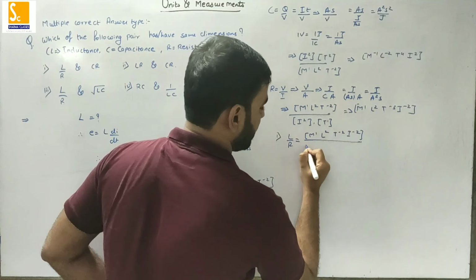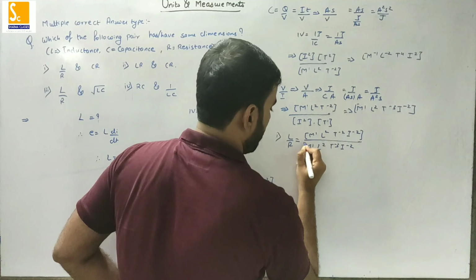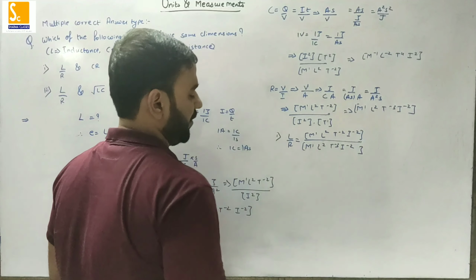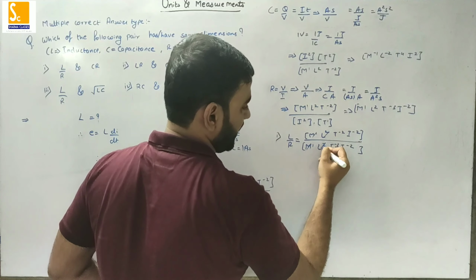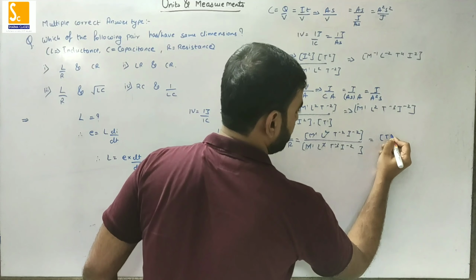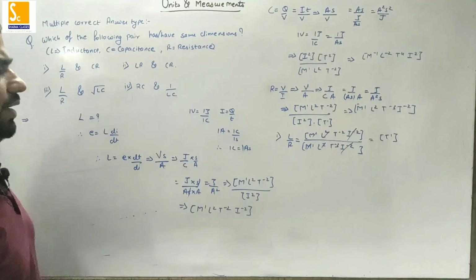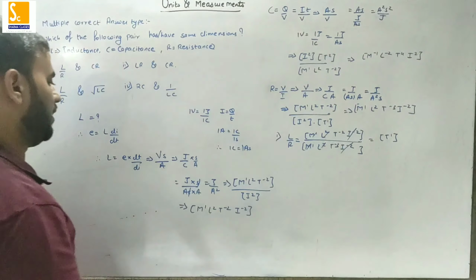Dimensional formula for resistance: M raised to 1 L raised to 2 T raised to minus 3 and I raised to minus 2. So if you see, this part gets cancelled, this gets cancelled. Minus 2 plus 3 comes out to be T to the power 1, and this part gets cancelled.